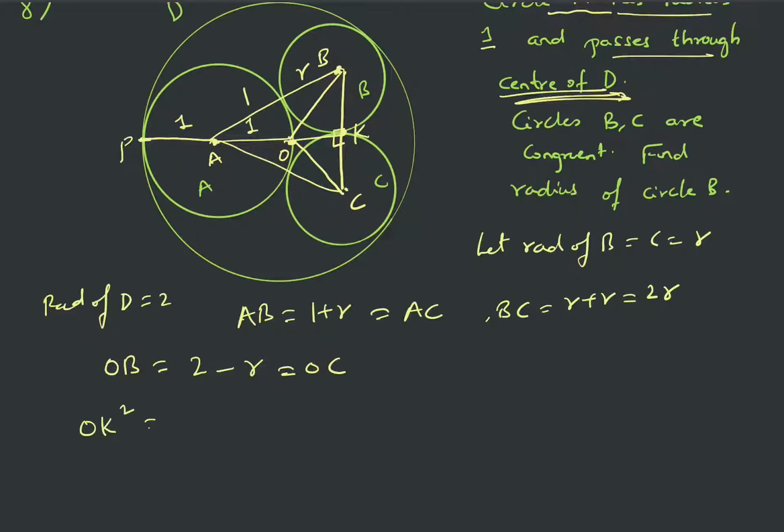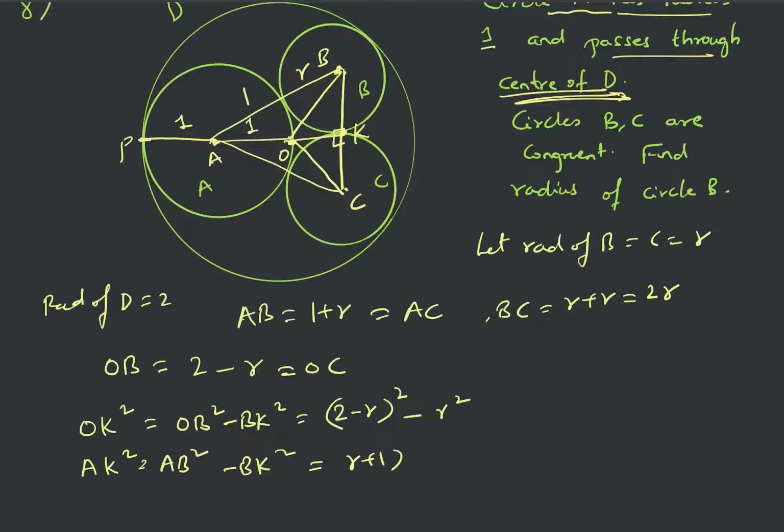So OK square is nothing but OB square minus BK square, which is 2 minus R whole square minus R square, right? And AK square is AB square minus BK square, which is R plus 1 whole square minus R square. Okay.